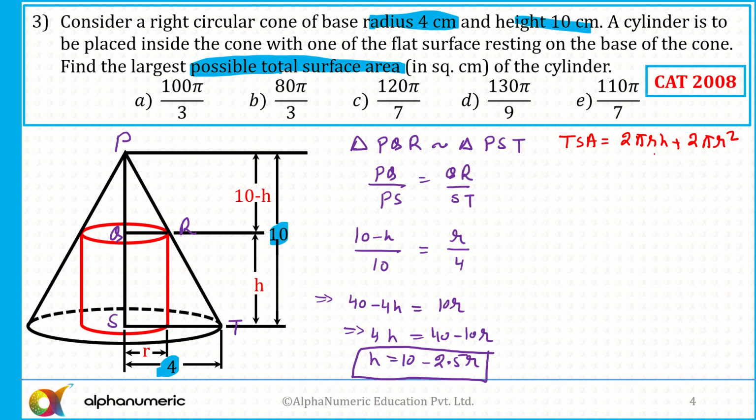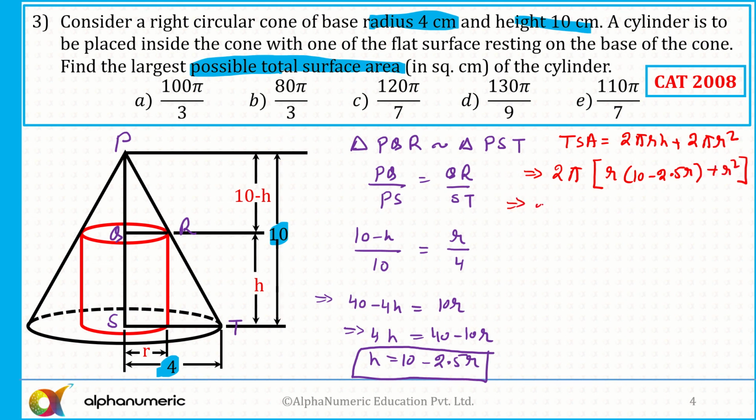So you can substitute the value of H in terms of R. Here I can take 2 pi as common, and R into H. R into H is what? That is 10 minus 2.5R. Plus R square. That we can do here.